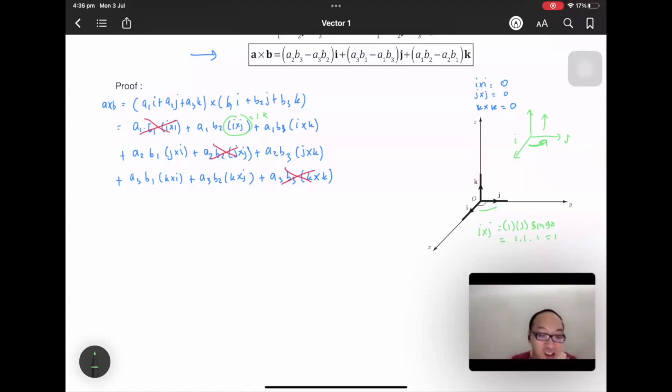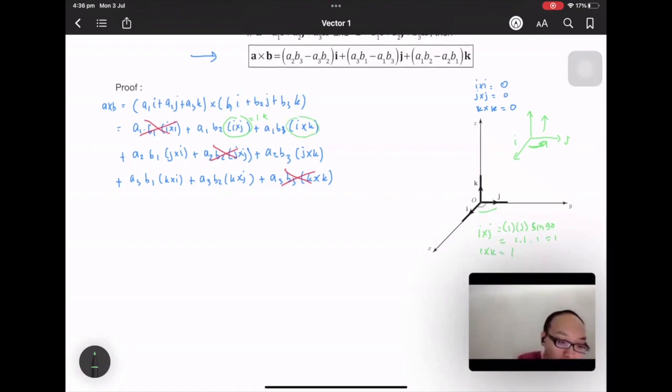How about I cross K? I cross K is also equal to 1. But the direction. Now, let's see I cross K. I cross K is from here to here.